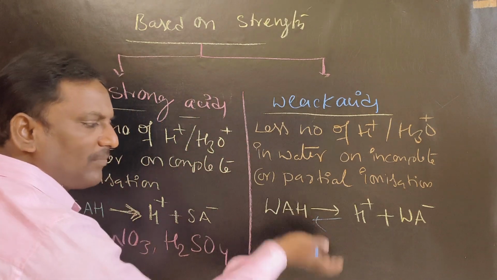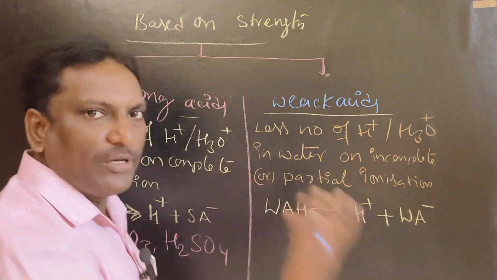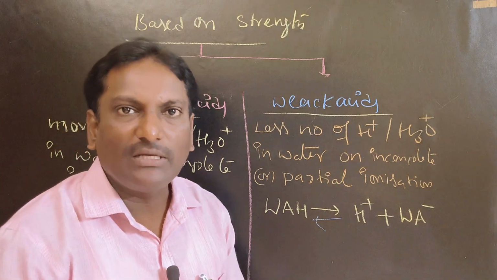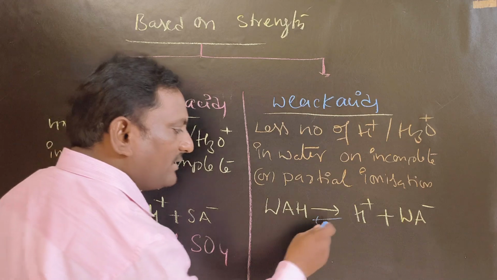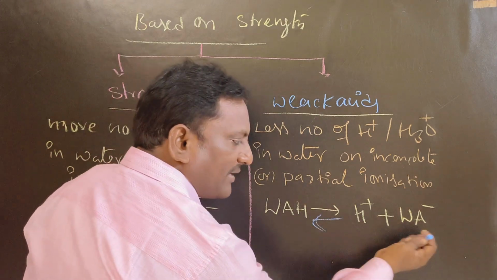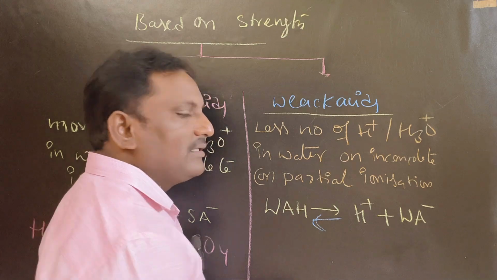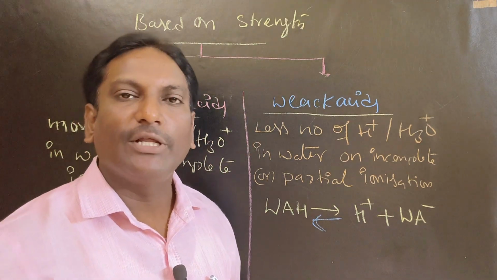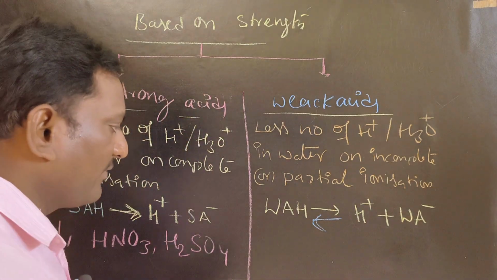When the molecule dropped in water splits into ions, and again if you add one more molecule to that, the first molecule which split into ions combines and gives back the molecule. That means there is a chance to combine the ions and give the molecule back. So that's why there is no availability of more number of hydronium ions, or more number of H plus ions. Listen to me, it's a very important one.